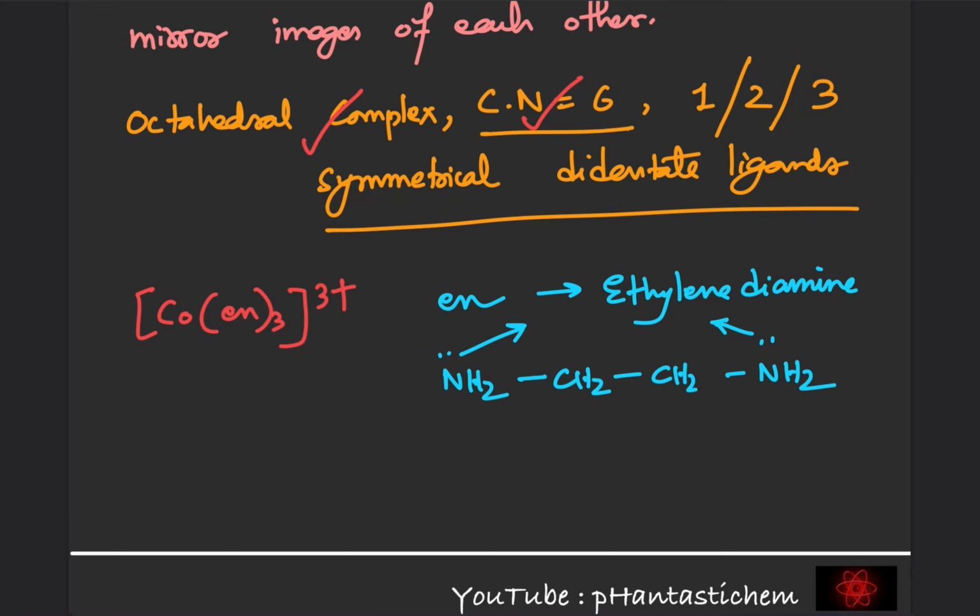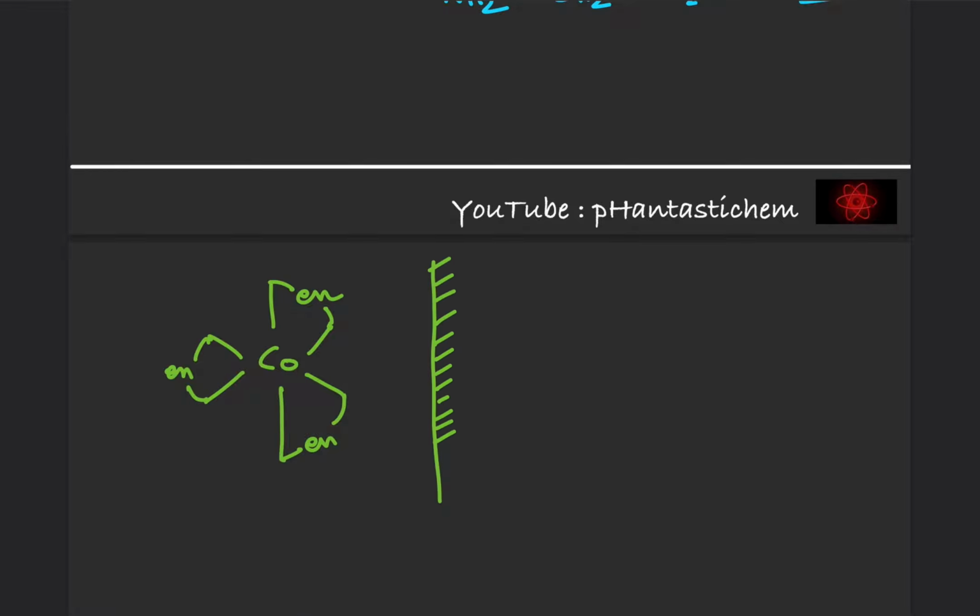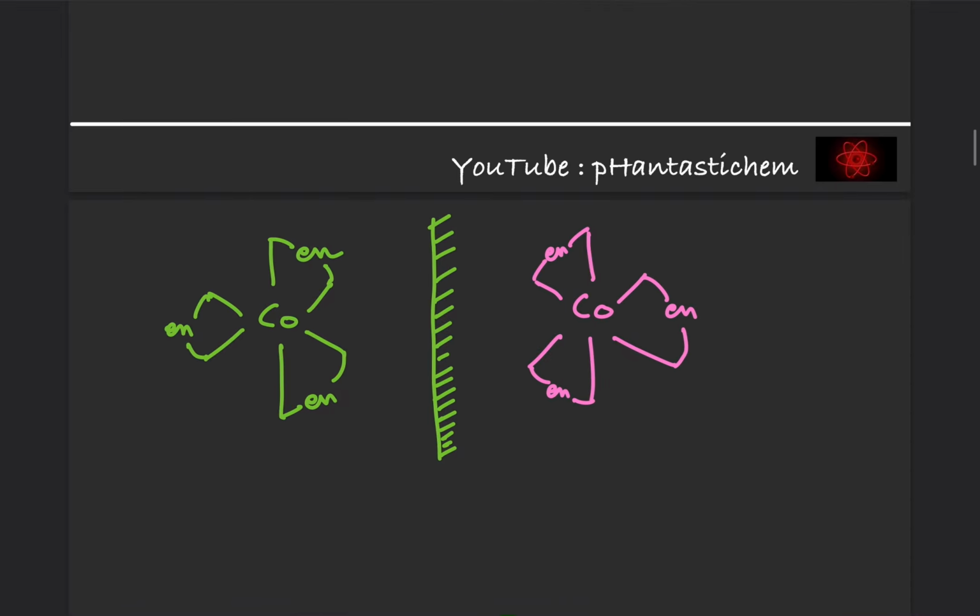So it can show optical isomerism, and this exists in two forms. Since it is octahedral, we place en, en, en on the six positions. You can place it in front of a mirror to get its other isomer, which will have the octahedral mirror image with en here, en here, and en here.